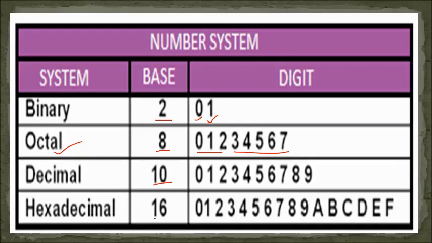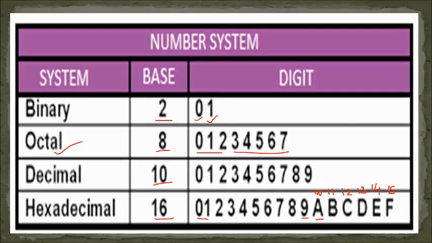And hexadecimal is 16. As per the computer number system terminologies and rules, for hexadecimal, 0 to 9 alone we consider as numbers. When it goes more than 9, from 10 onwards, we consider 10 as A, 11 as B, 12 as C, 13 as D, 14 as E, and 15 as F. I hope you are all able to understand this.